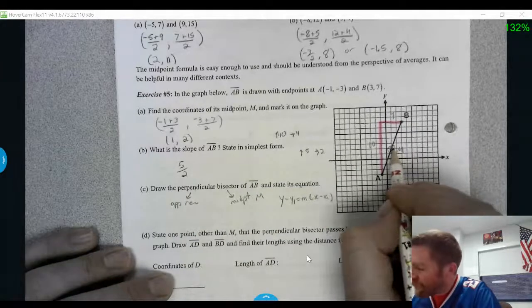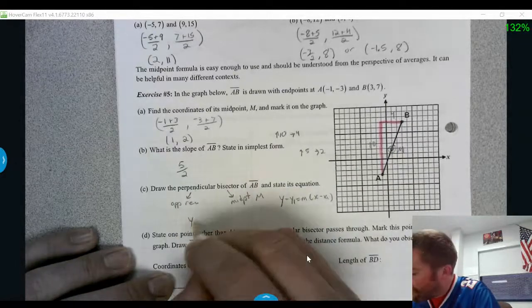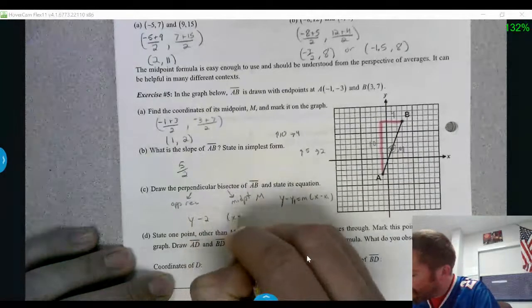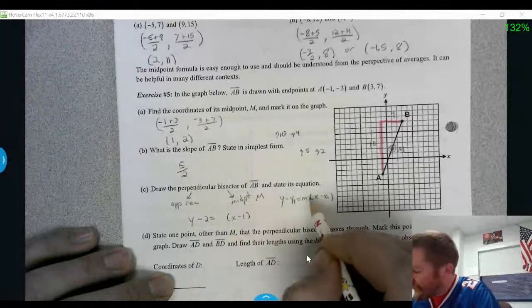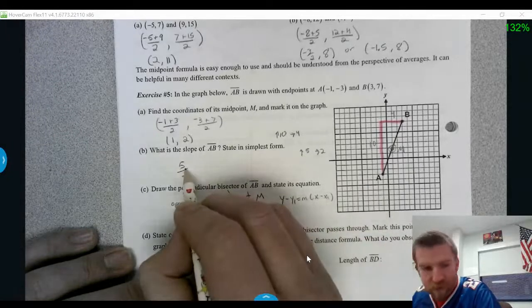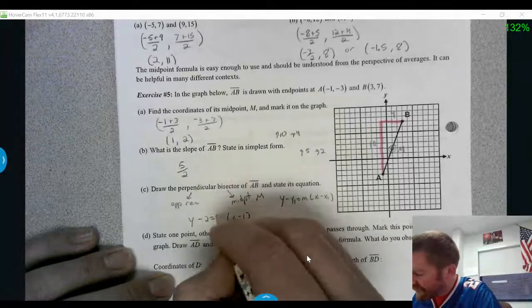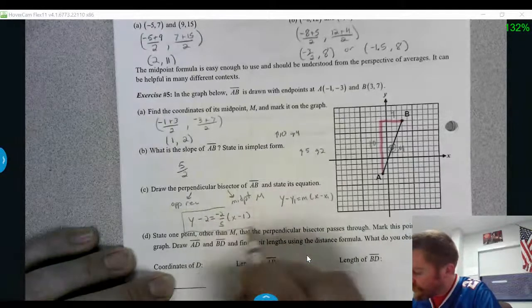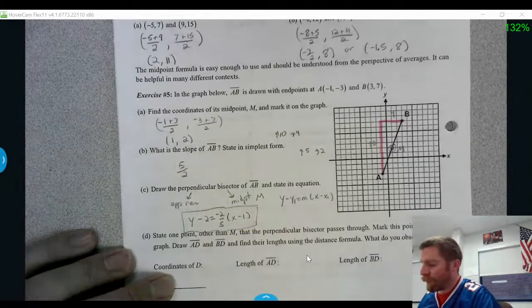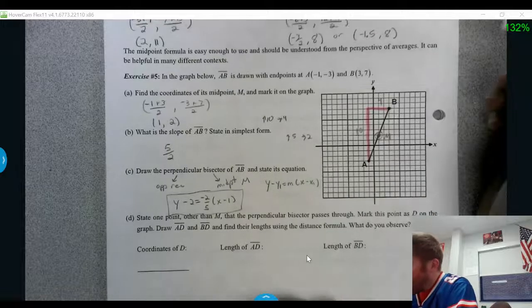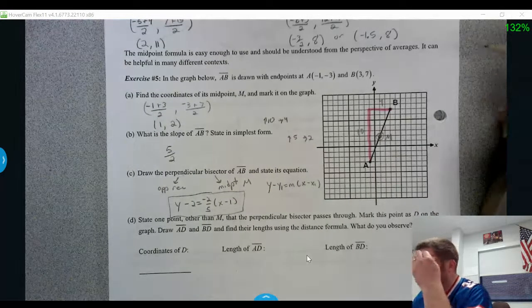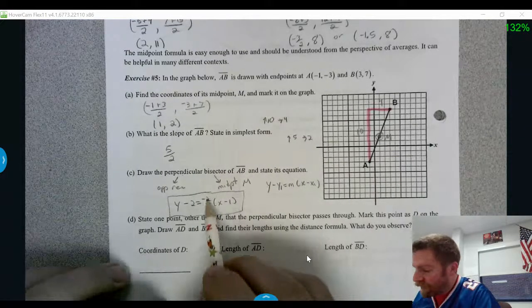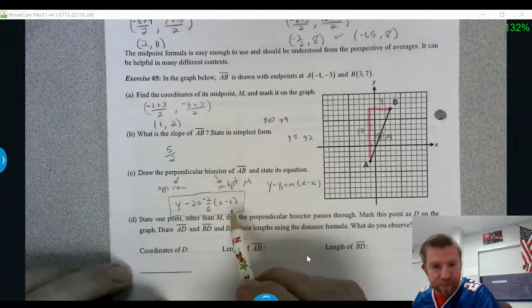So M's coordinates are my x1 and y1. And then the slope has to be the opposite reciprocal. So since this is positive 5 halves, this is negative, and flip it over, 2/5. Okay. If I was to try and go through and find the y-intercept, I could distribute this. Okay.